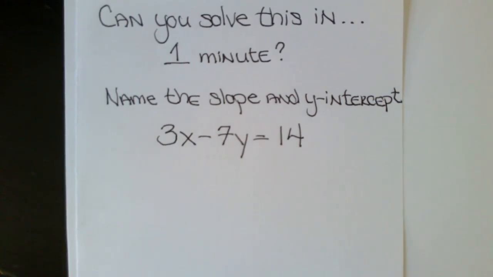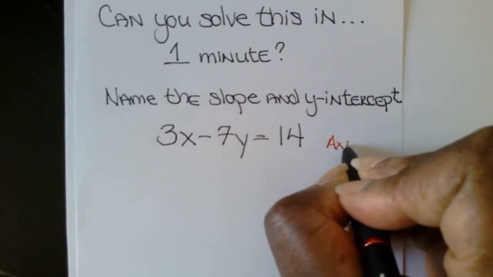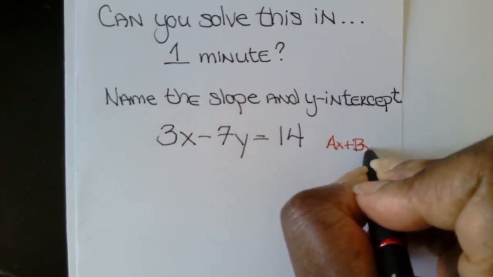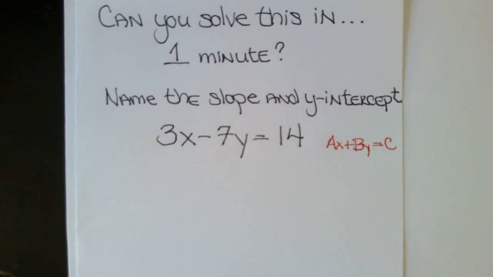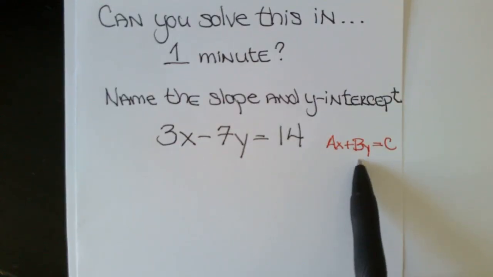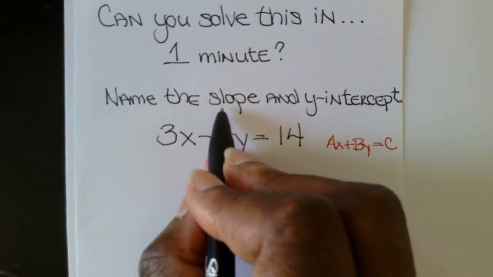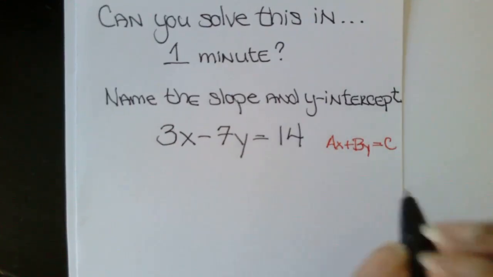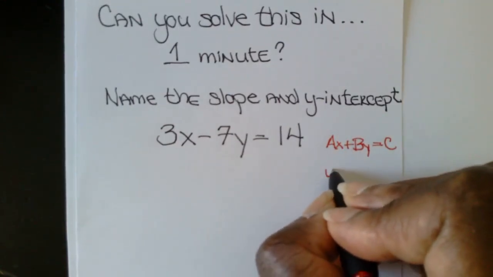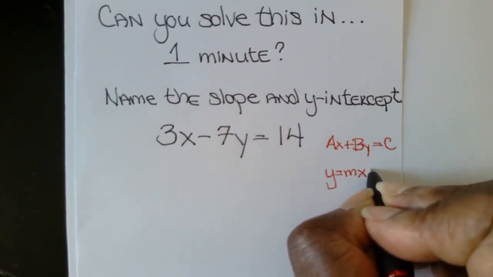Standard form is usually ax plus by equals c. But what we need to do is put it into the equation of the line so you can see the slope and the y-intercept. The equation of the line that we're looking for is y equals mx plus b.